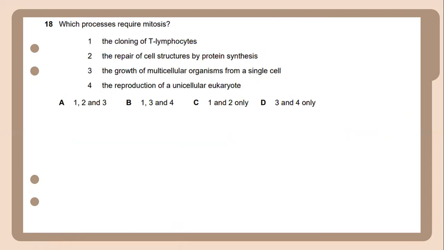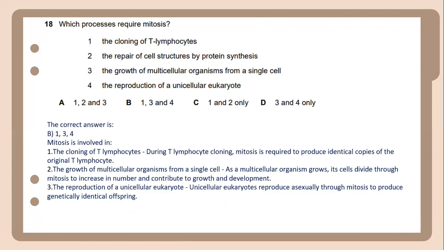Number 18, which processes require mitosis? The correct answer will be 1, 3, and 4. Process 1 is the cloning of T lymphocytes. During T lymphocyte cloning, mitosis is required to produce identical copies of the original T lymphocyte.